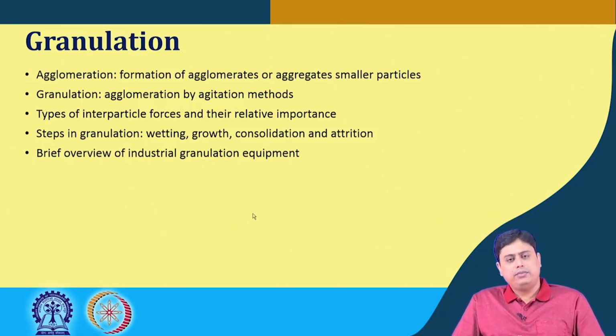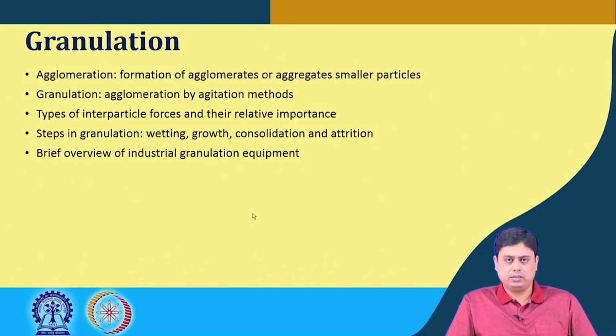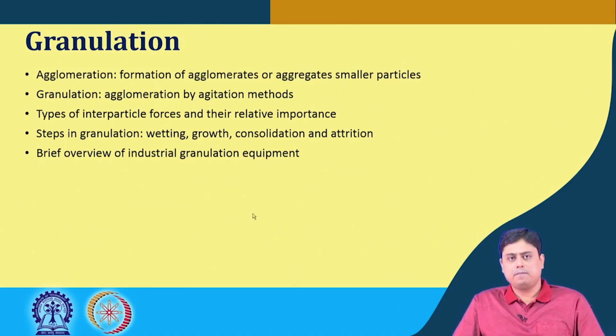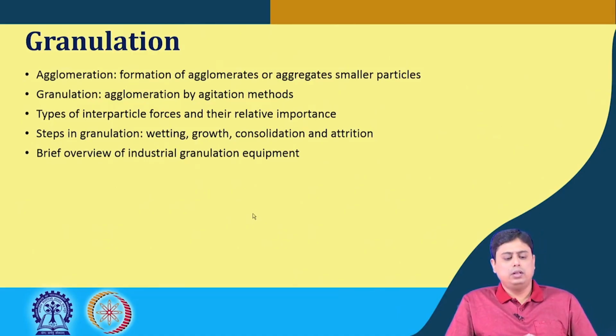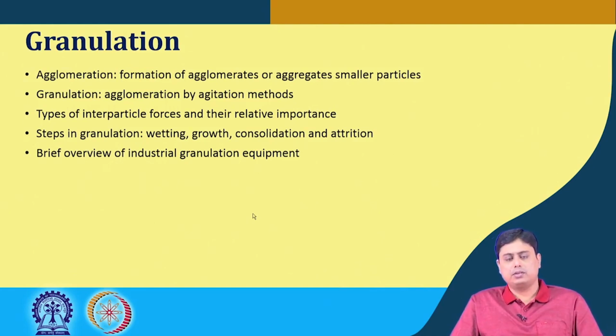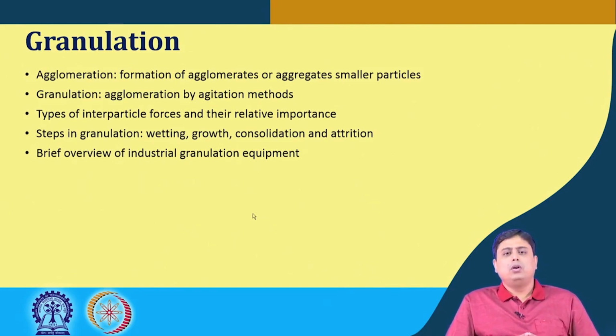There are different steps in the overall granulation process, like wetting, growth, consolidation, attrition. These are the steps we will see in brief detail, and we will go through a brief overview of the industrial granulation equipment to complete our section. So, again, as a size enlargement process, we will mostly focus on granulation, which is agglomeration by agitation.